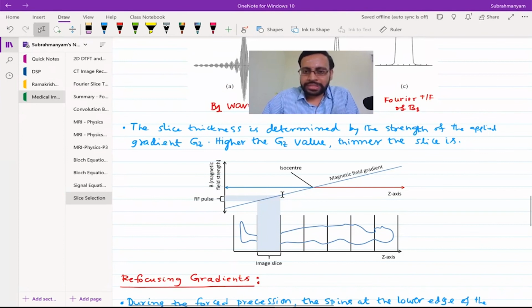So because of that, the resonant frequency is different for all these points as you move in the z direction, correct? Because gamma times the magnetic field gives you the resonant frequency. So as you move to your right here, the speed is increasing. Each is rotating at a different speed.